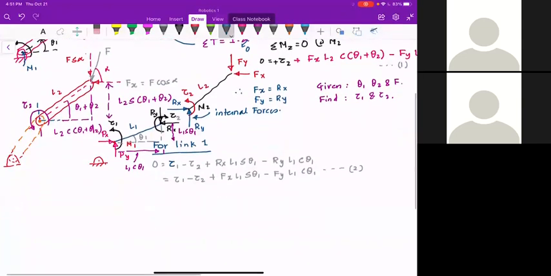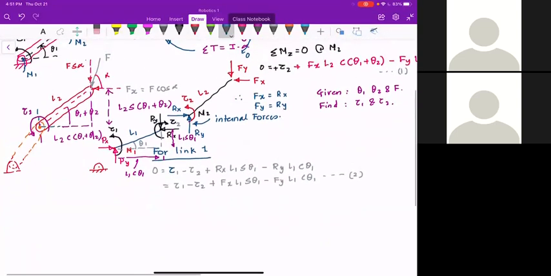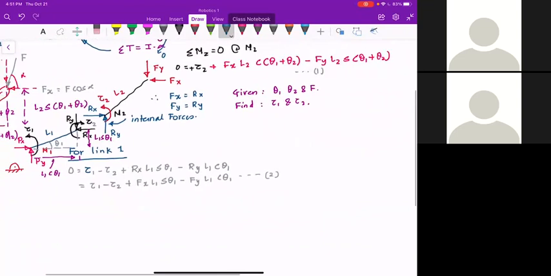Now let me go to the same thing. What I want to do is look at the equation for link 2. This is the equation for link 2, and this is the equation for link 1.